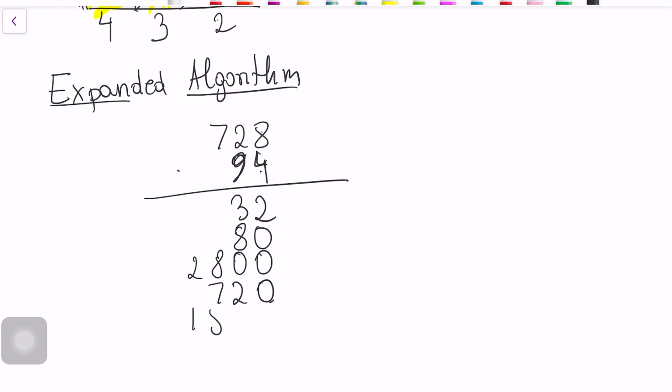90 times 20, so 9 times 2 is 18. But now we're doing 90, so maybe I should write it down. That was 4 times 8, the other one 4 times 20. Then we did 90 times 8. What did I do here?